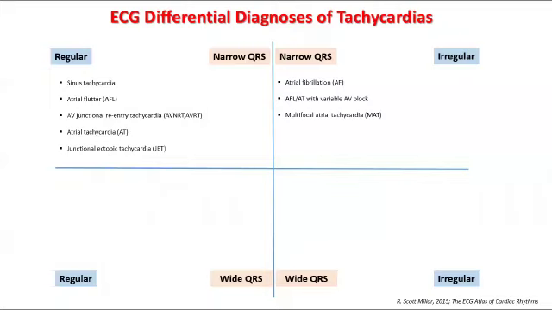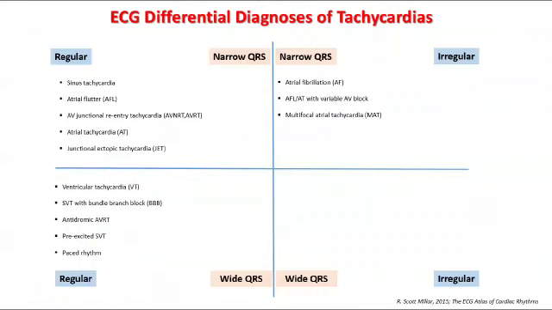So because the AV node is able to block fast rhythms, because it becomes refractory, that's why you can have that variable physiological block, which is what contributes to the irregularity of the rhythm. And then we can have multifocal atrial tachycardias under this group as well.